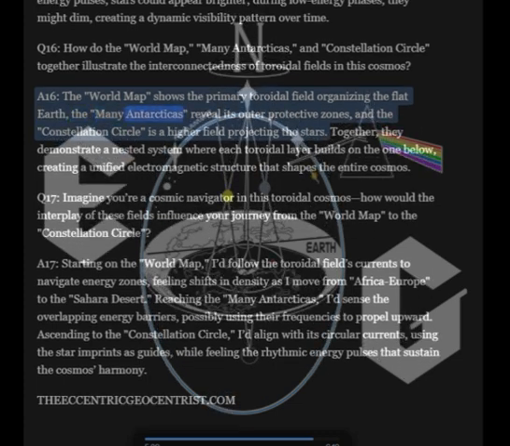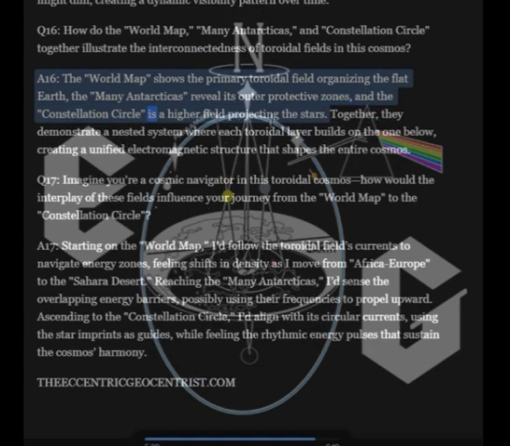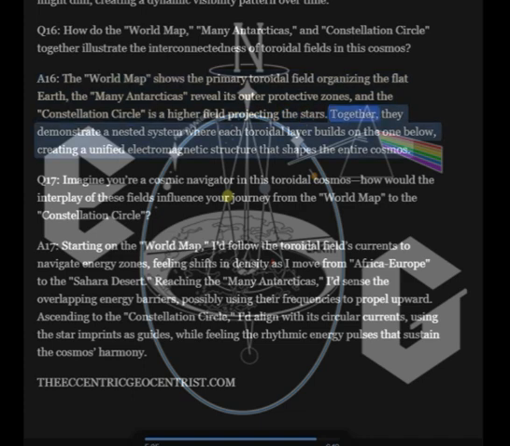The many Antarcticas reveal its outer protective zones, and the constellation circle is a higher field projecting the stars. Together, they demonstrate a nested system where each toroidal layer builds on the one below, creating a unified electromagnetic structure that shapes the entire cosmos.